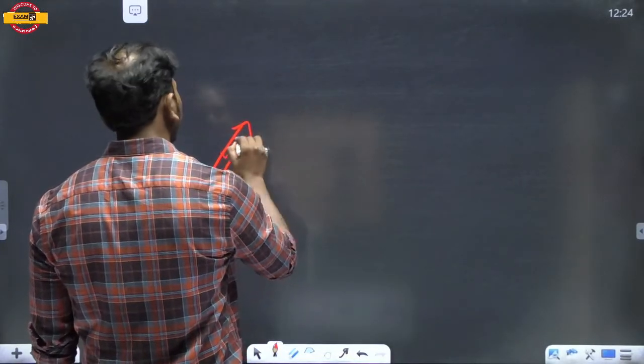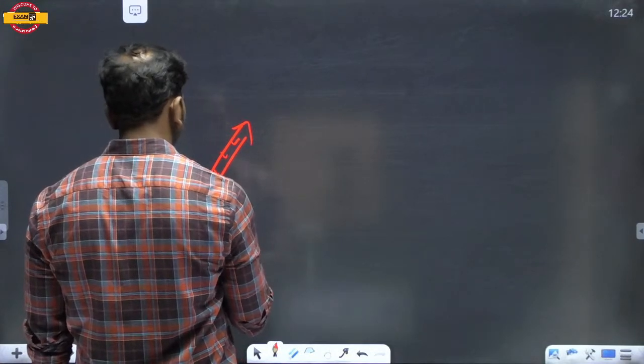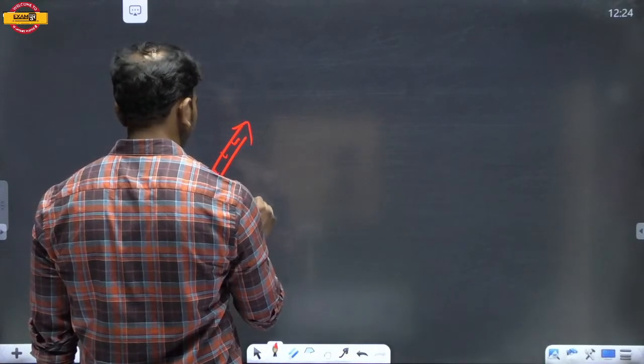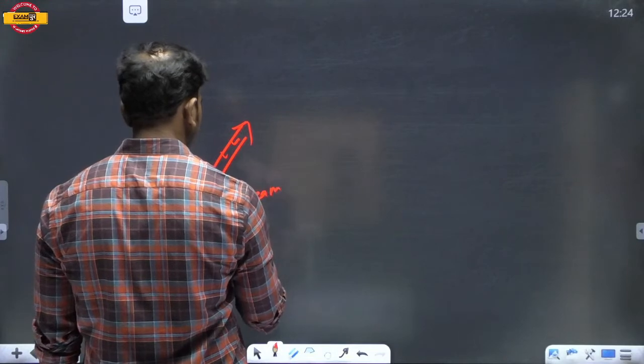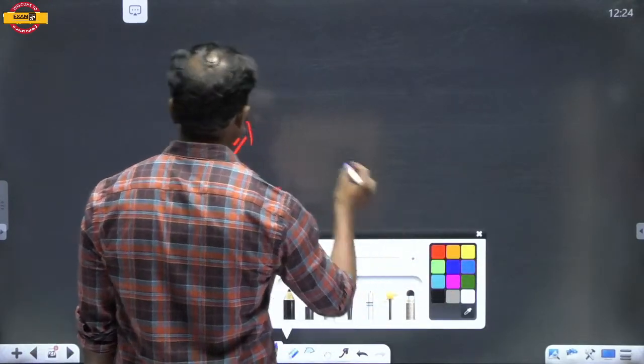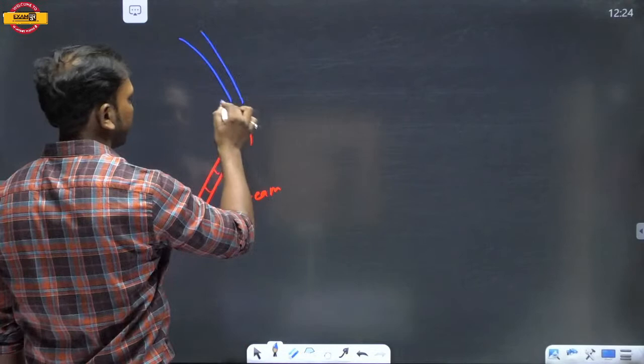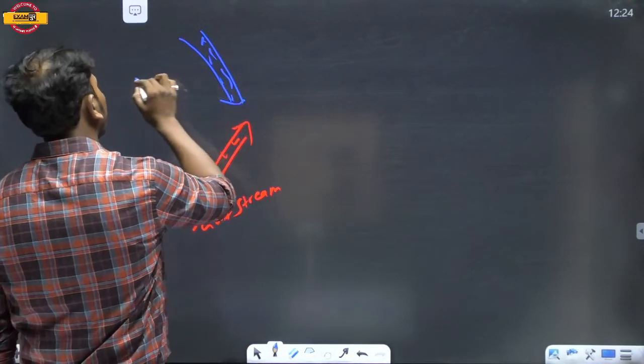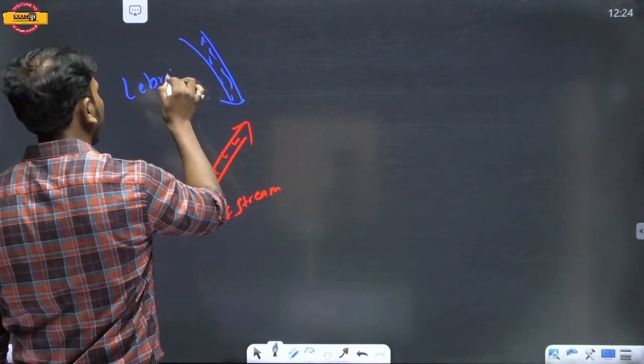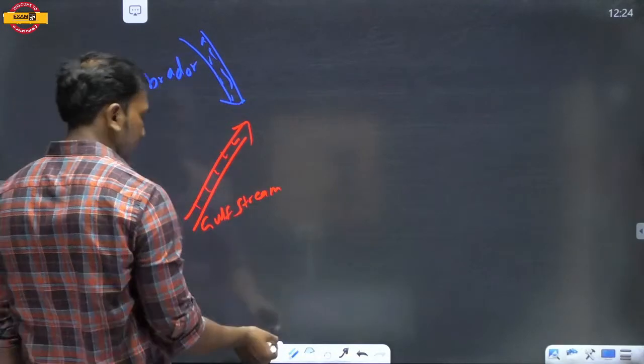There is a warm current, the Gulf Stream, and there is a cold current, the Labrador.